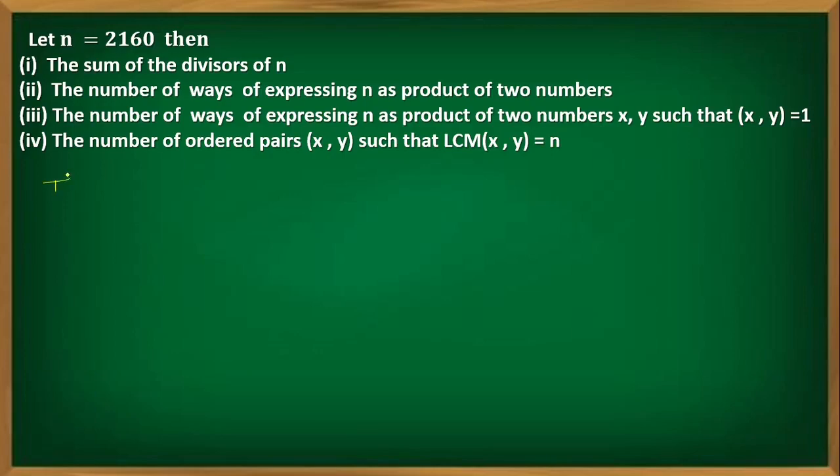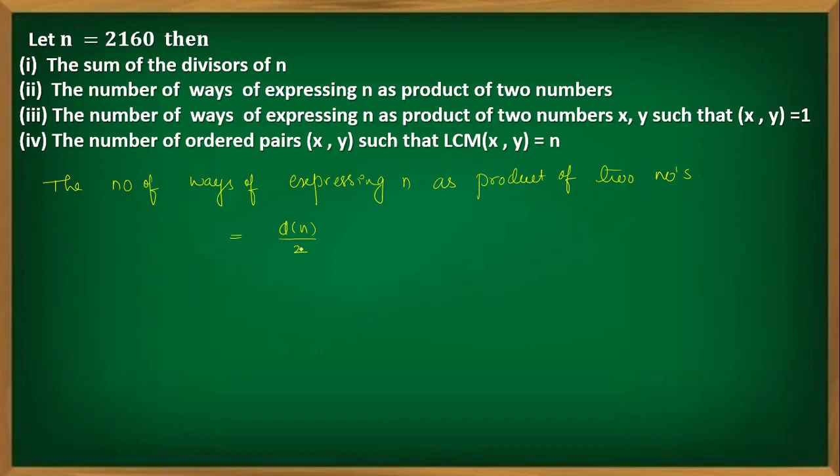So the question is this: the number of ways of expressing n as a product of two numbers is what? D of n, number of divisors. D of n means what?